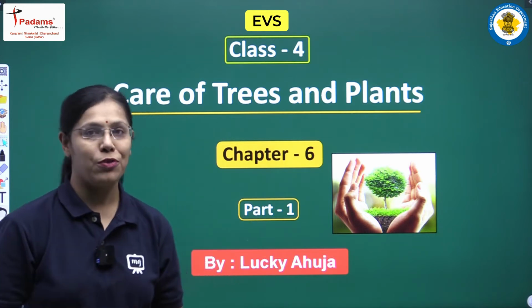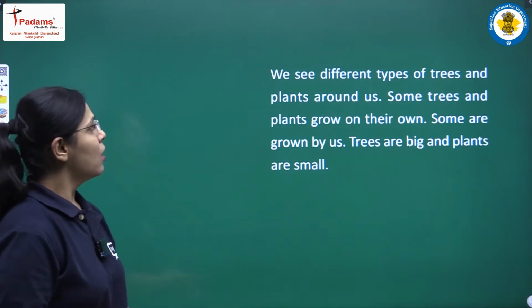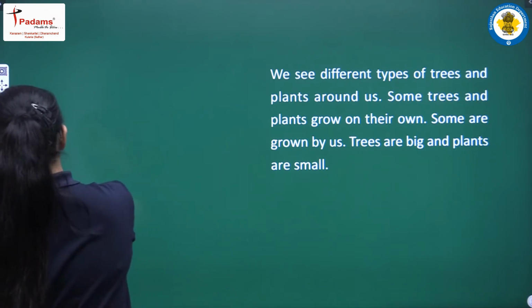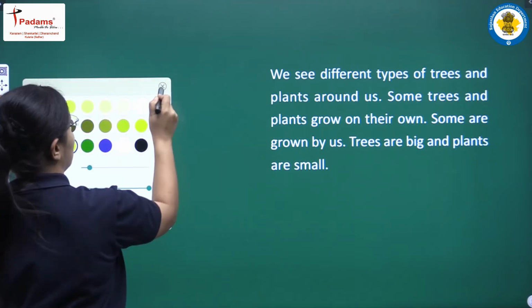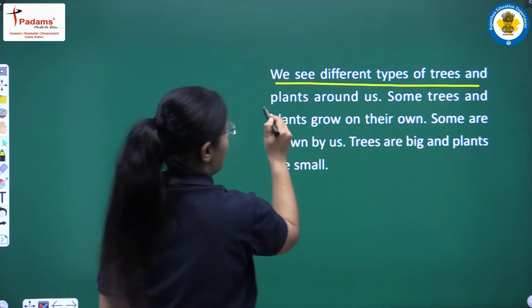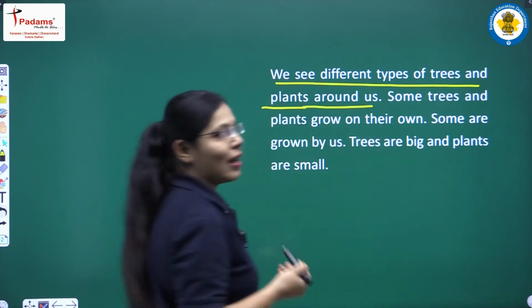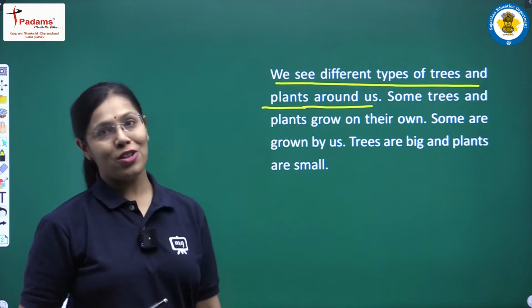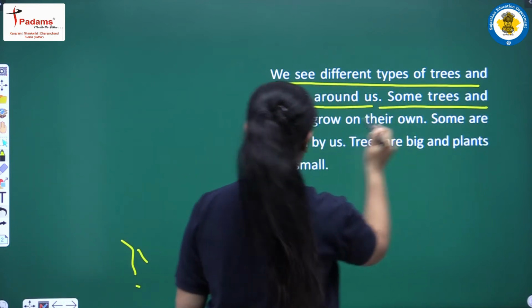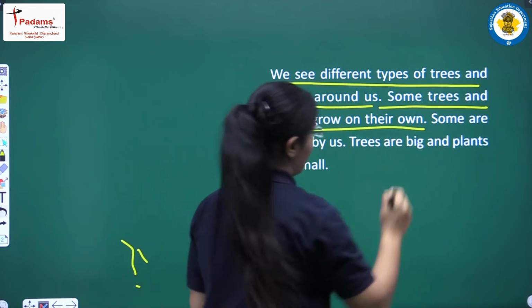This is part 1 of this chapter. We see different types of trees and plants around us, and that is true. You also watch different kinds of trees around you. Some trees and plants grow on their own.